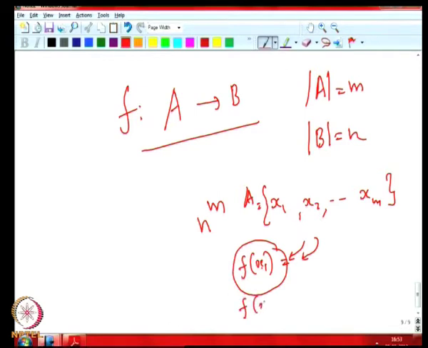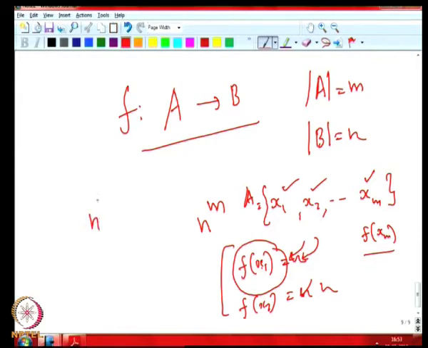Similarly, f of x2 you can assign in n possible ways, any of the B values, because we are not restricting that once a value is taken, it should not be taken again. We are not saying that it should be an into function or something like that. There is nothing like that. So here there is n choice, here there is n choice, and for deciding f of xm we have n choice.